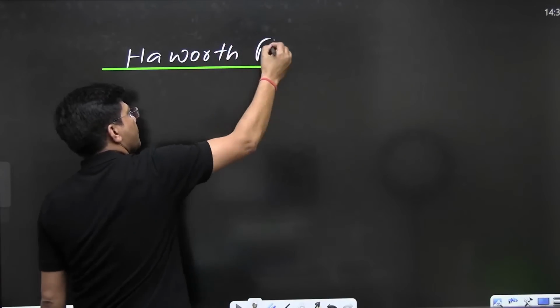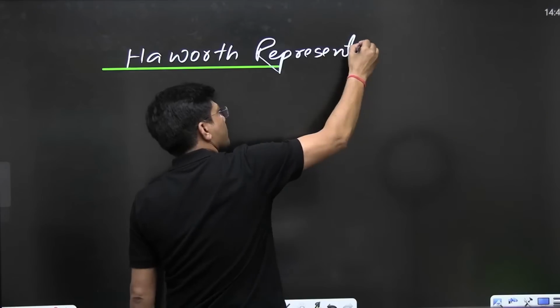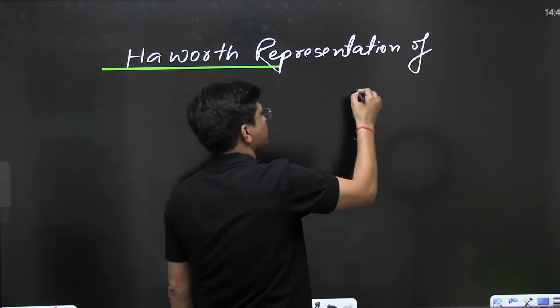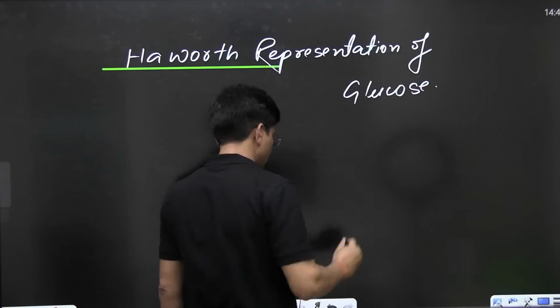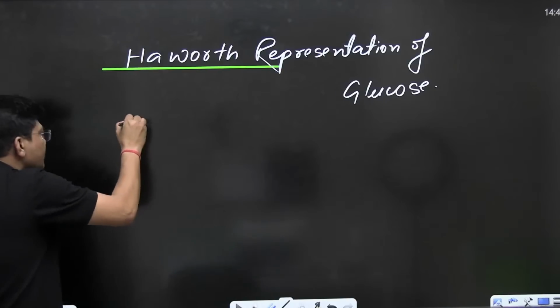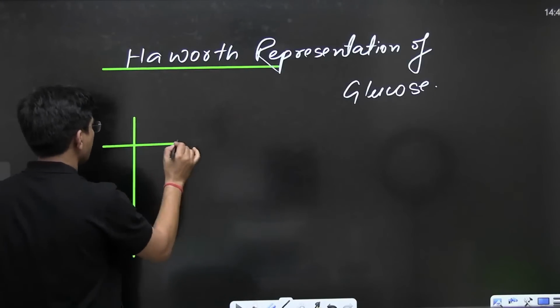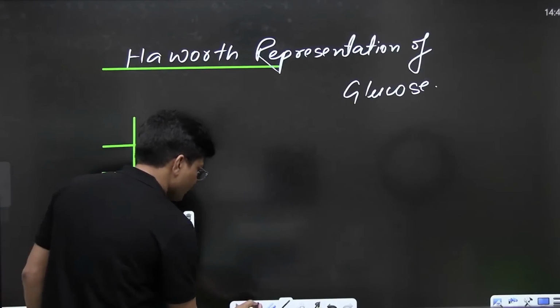Haworth representation of glucose. So this was the chain structure of glucose. See, focus over here.